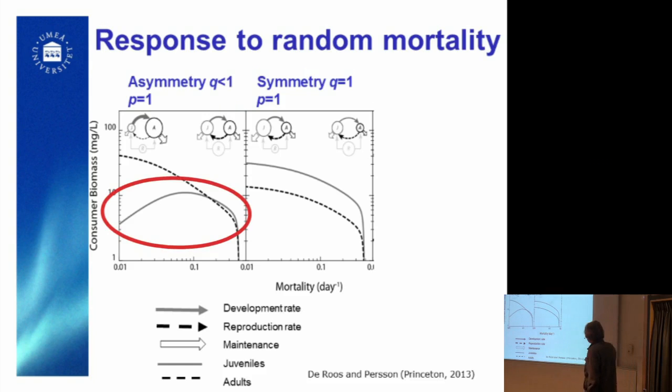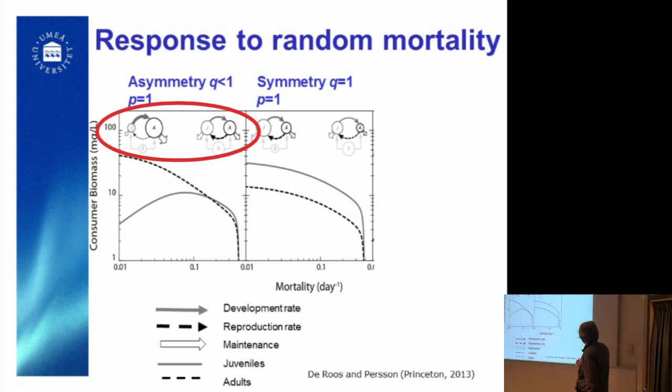In the same way, we see changes in the biomass distributions with respect to juveniles and adults. At low mortality, we know that the juveniles are better competitors. Adults are heavily limited by the low resource level, and most of their intake is lost through this arrow here, which is the maintenance cost.